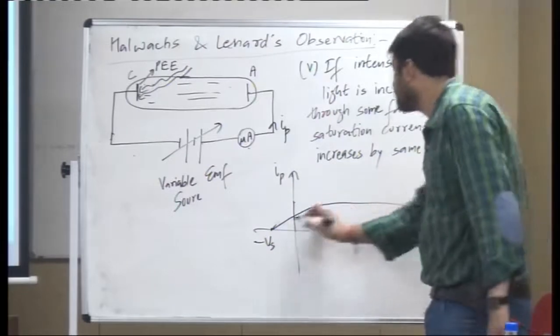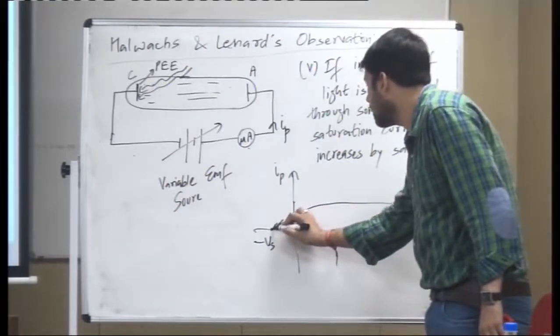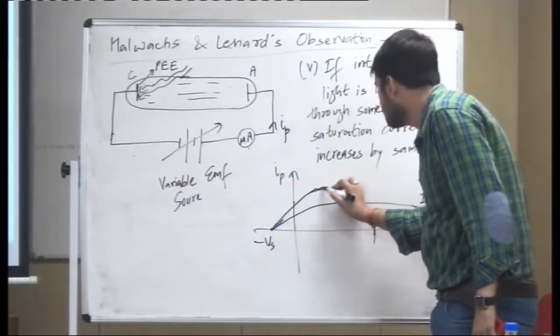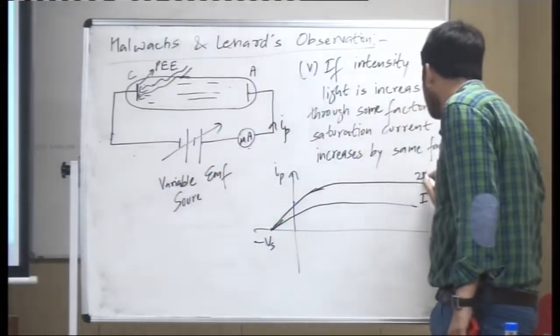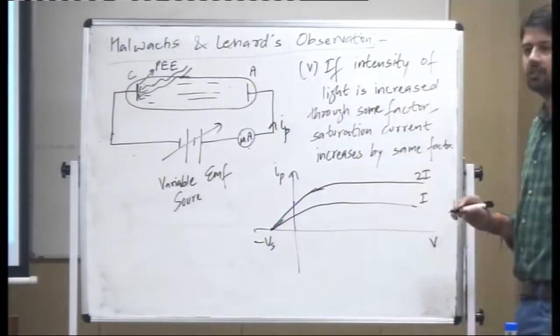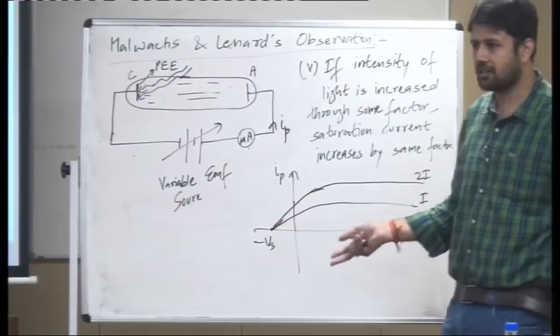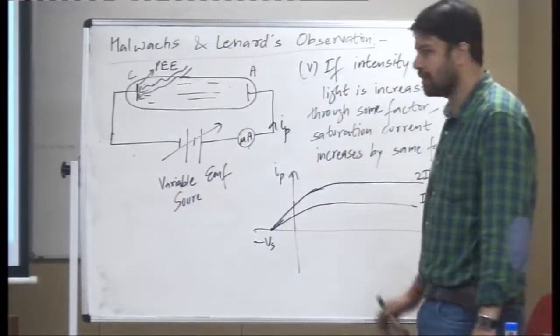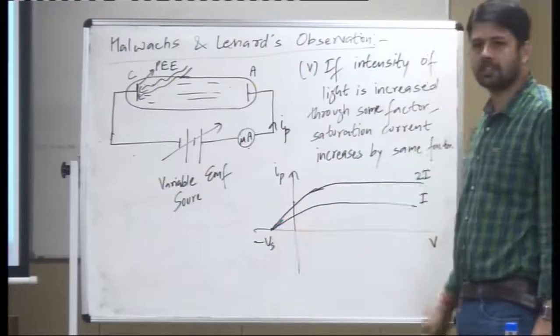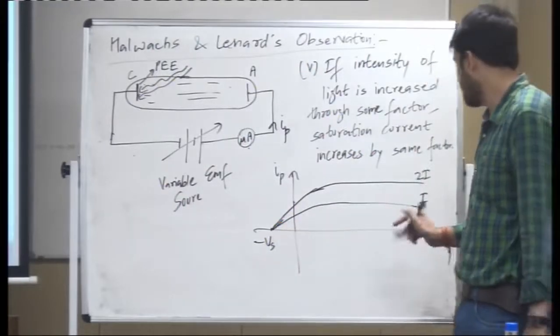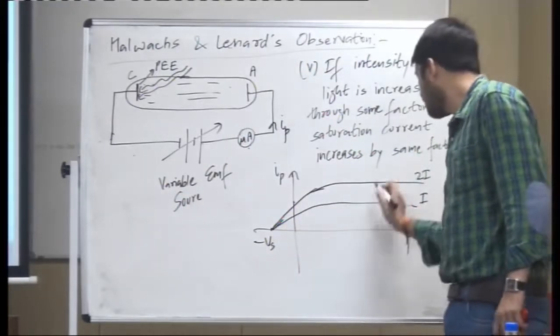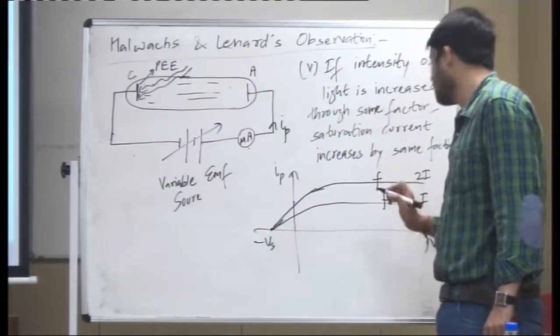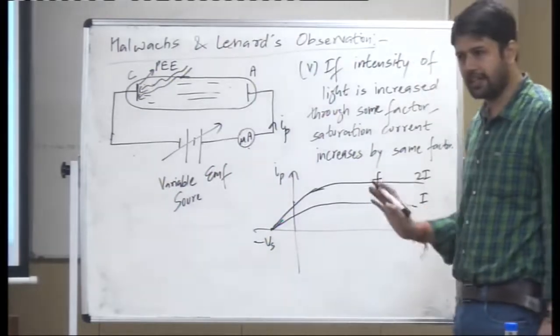Now, what happens? For intensity 2I, the graph is exactly double. Saturation current is exactly double, right? Here, since stopping potential is same, the frequency is same. Is it okay? Is the idea clear?